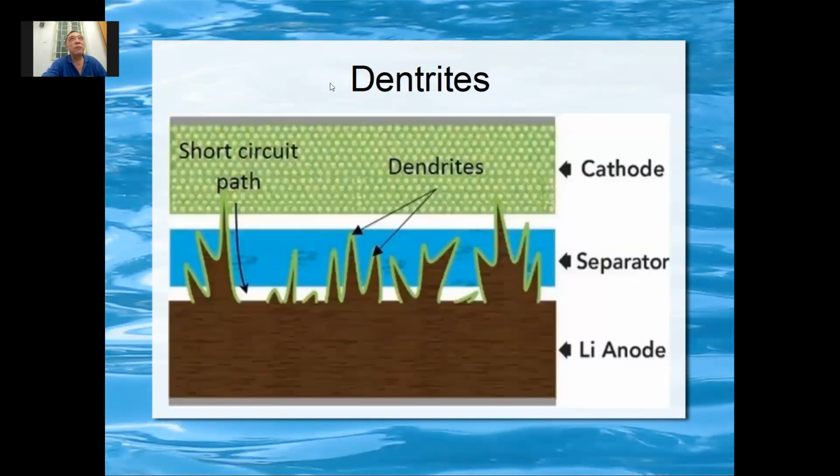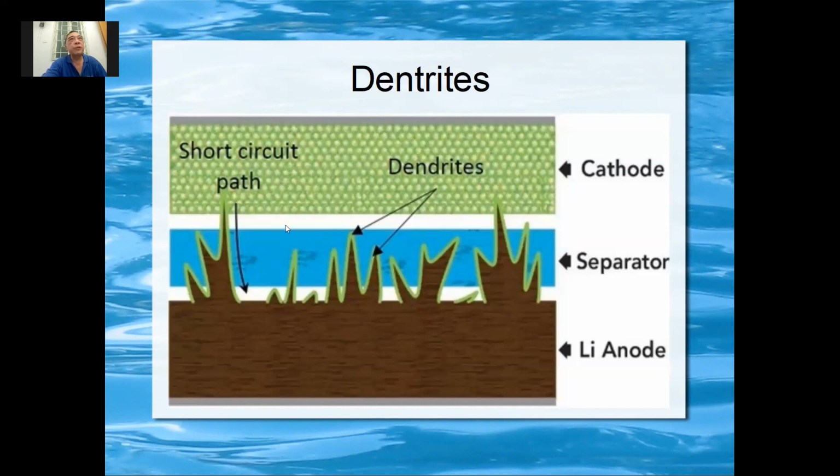Okay, so the main problem with lithium battery is dendrite. Imagine the below is the lithium. Every time you charge, the lithium will be deposited at the bottom, and then slowly some may rise up.